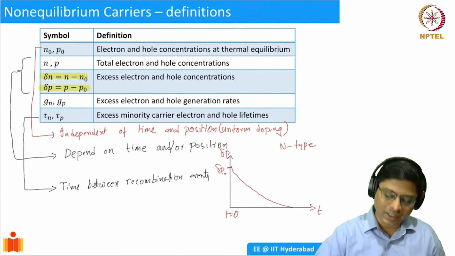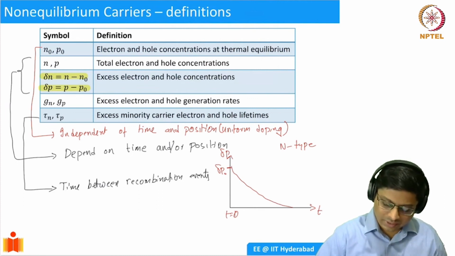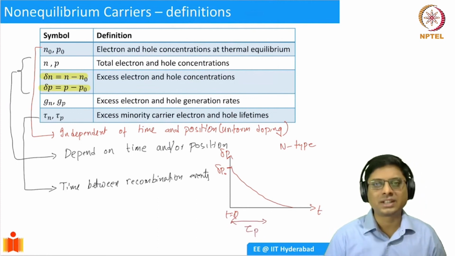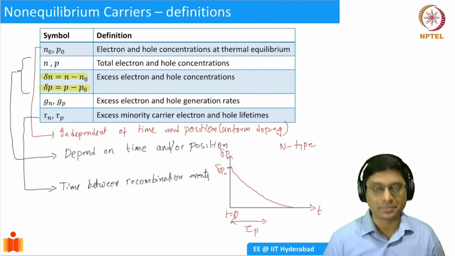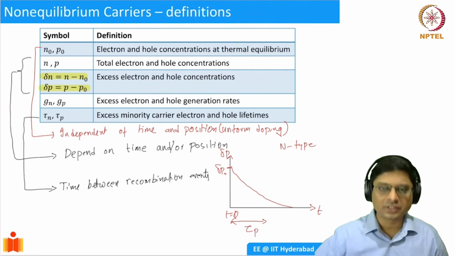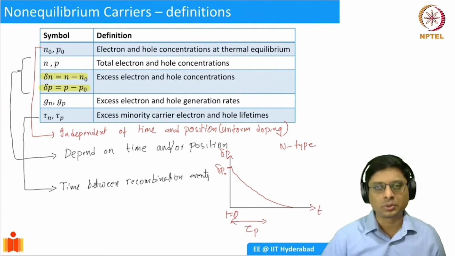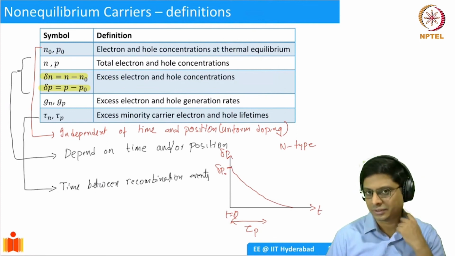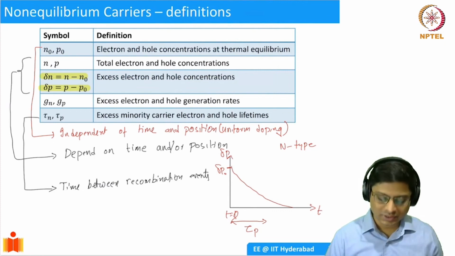The time required is tau, which is basically tau P, the excess minority carrier recombination time. How much time does it require for the density to fall to 1 over e of its value? We will actually solve it and show you this at the end of the lecture today. So these are the definitions.